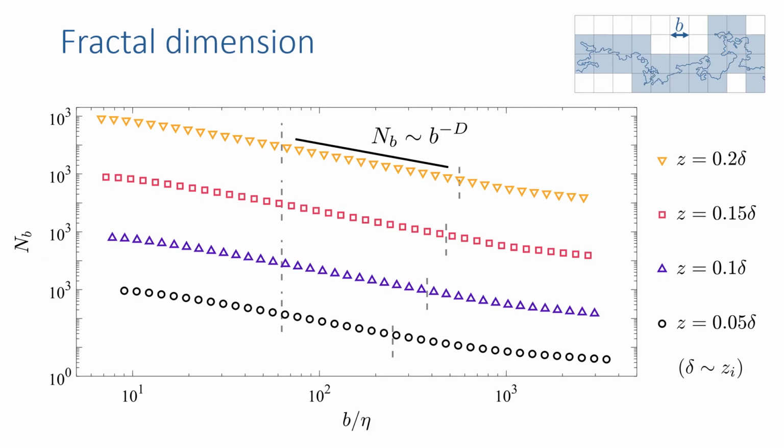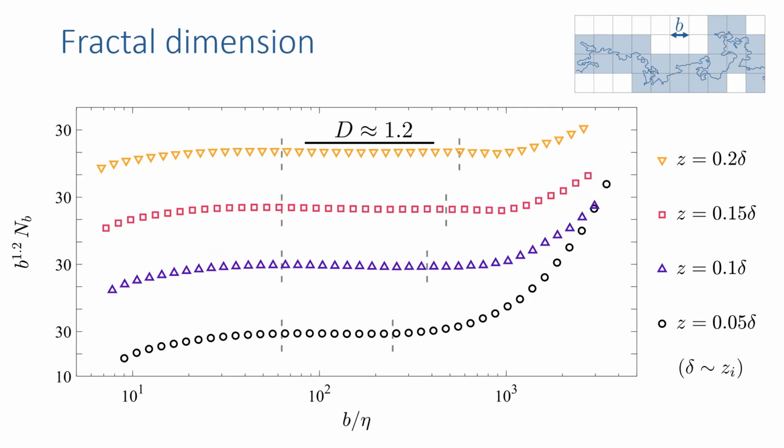Shown here are the box counting results of all of the isosurfaces at 4 positions within the logarithmic region. The offset between the 4 different symbols is simply for visualization, and the dashed vertical lines are the approximate inertial subrange limits. You can see an approximate power law within the inertial subrange for all of the positions.